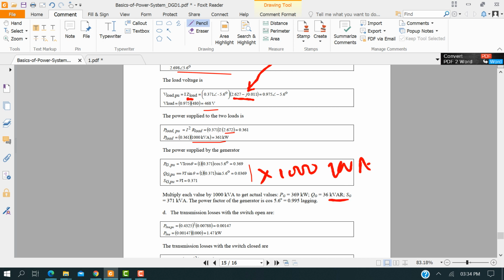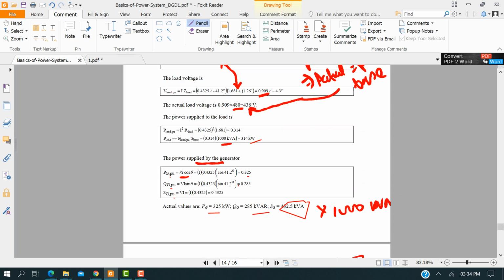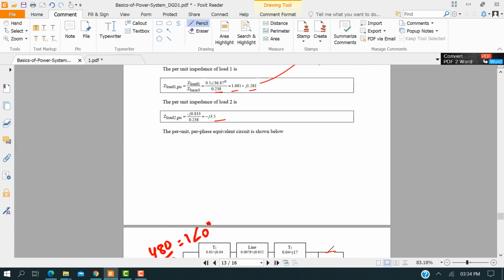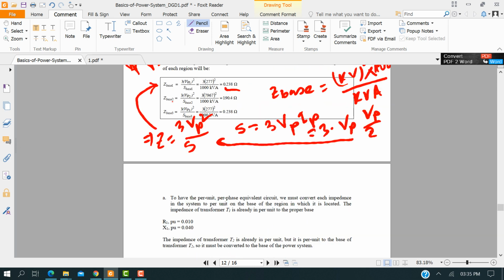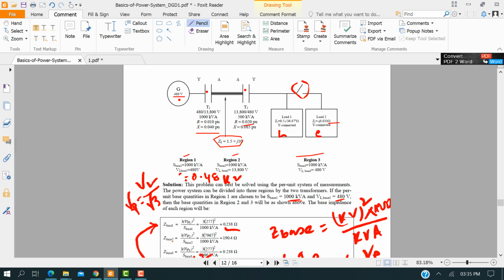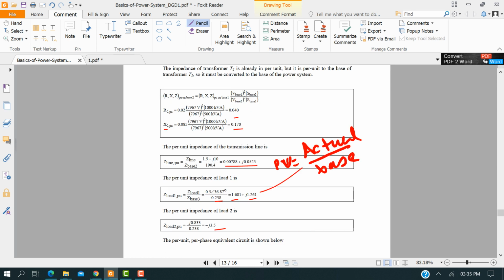And the power factor here is the angle. Power factor is 0.995. Note that when the switch was open, this is the inductive load, this is the capacitive load. So when the switch is open, no capacitive load is connected to the system. So for the inductive load, let's see the power factor.